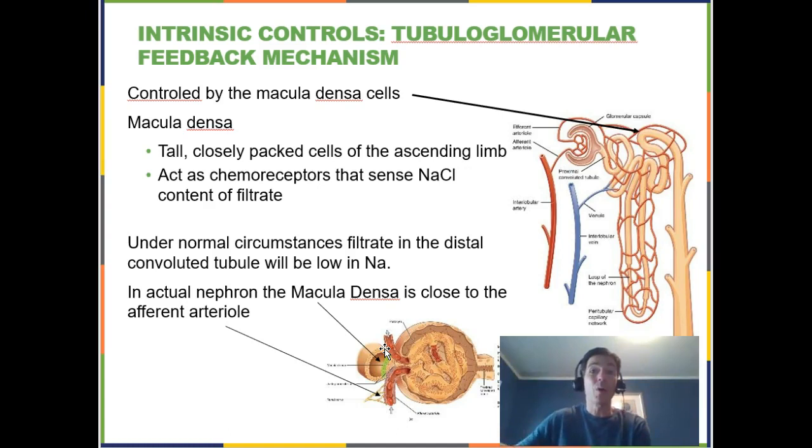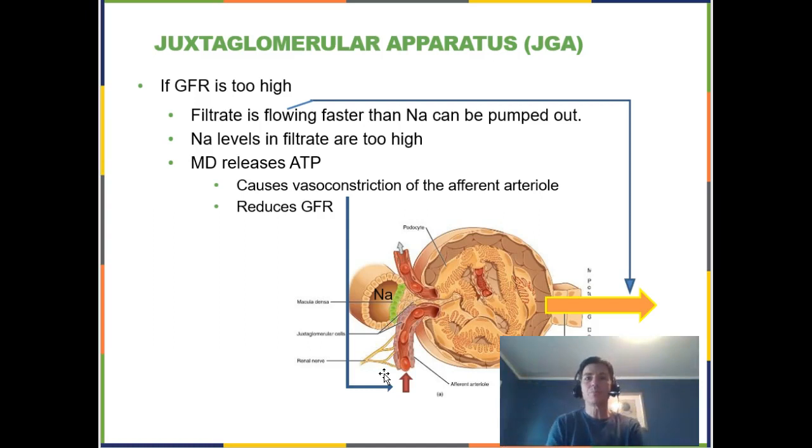So you have a quality control checkpoint towards the end of your processing line, which is actually geographically located very close to the very beginning, right at the very first step. So your macula densa can track what's coming out the end of the nephron and is located right next to the beginning of the nephron, so it can affect that first filtration step.